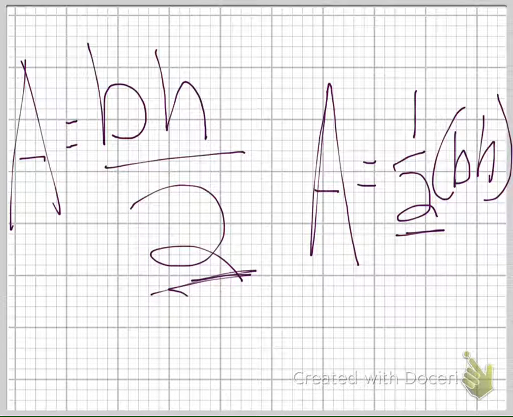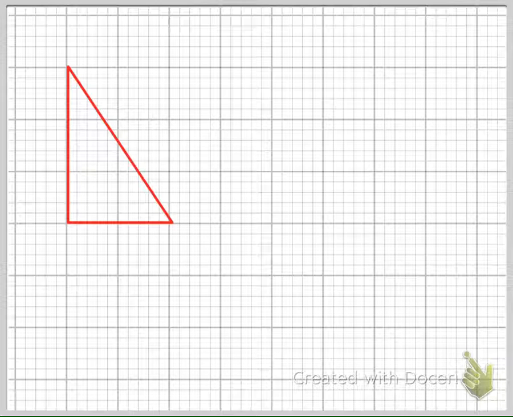And so the really only other thing that we would need to think about is if we have a triangle and we're given the area of the triangle.